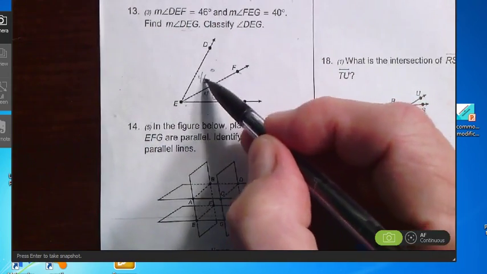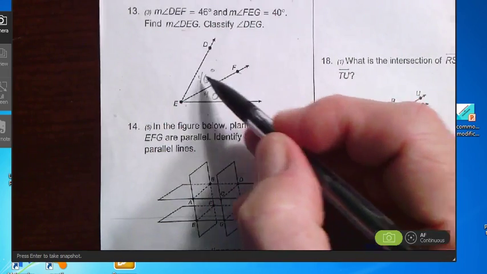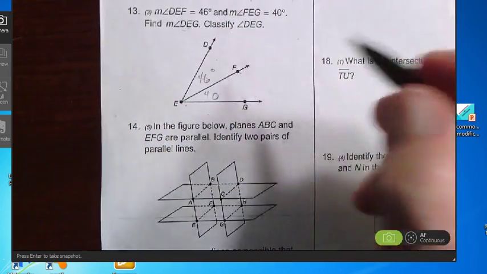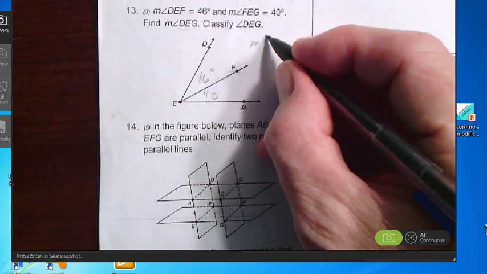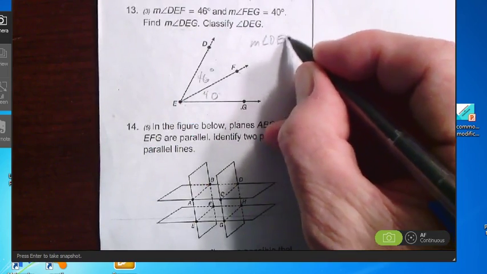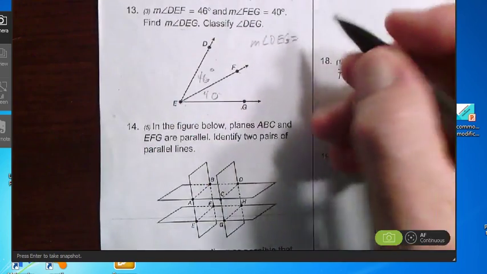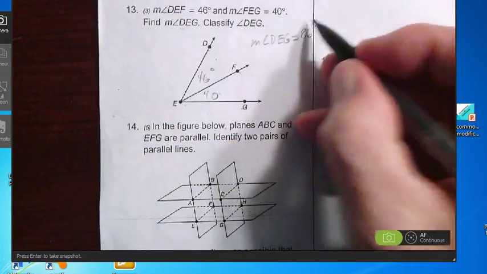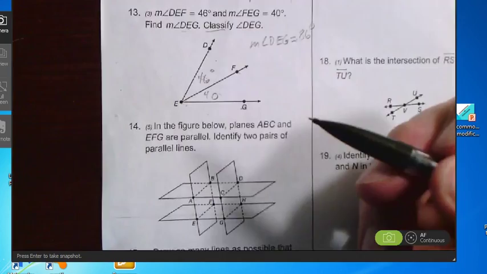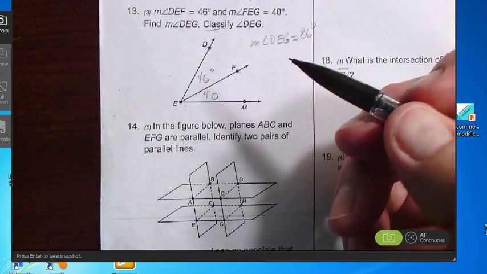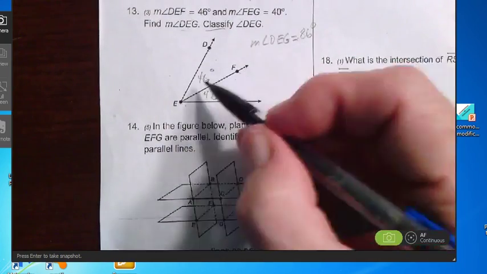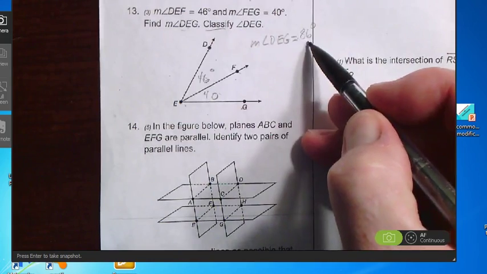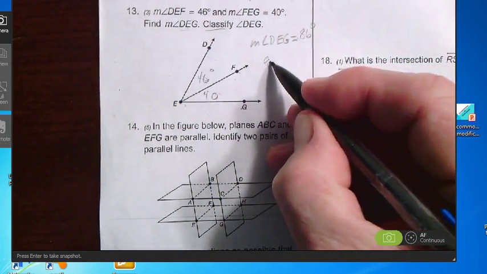Well, you add these 2 together, that's little angles adding to make a big angle. And so the measure of DEG equals 86 degrees. Classify it. Now, the classification is, is it acute? Is it obtuse? Is it straight? An 86-degree angle is acute.